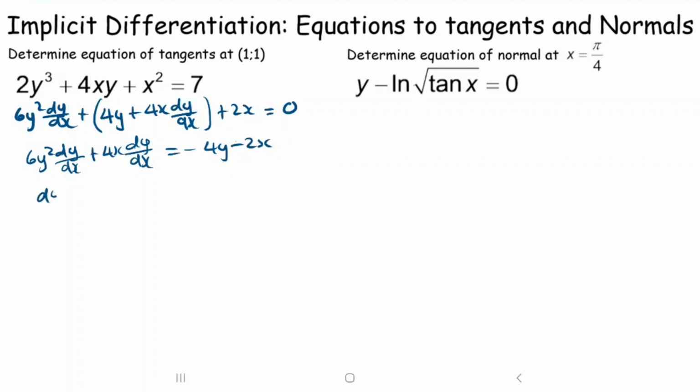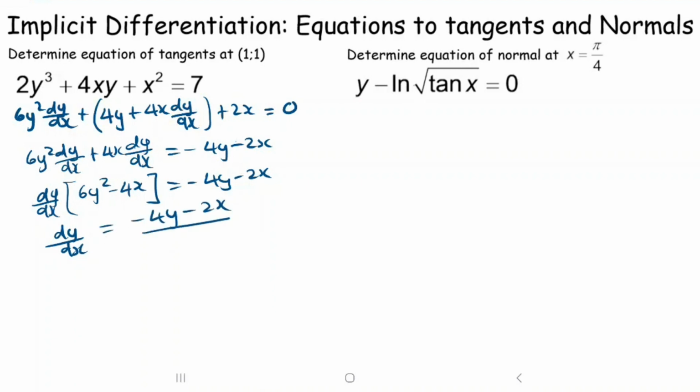We're left with 6y squared minus 4x, and from here we can say the expression for the derivative is minus 4y minus 2x over 6y squared minus 4x.